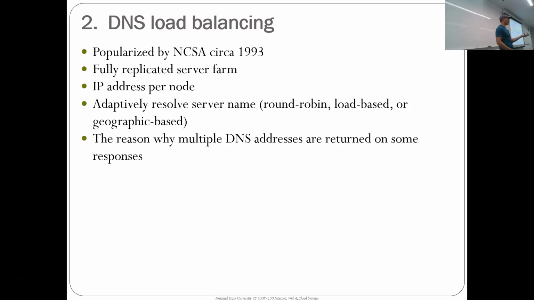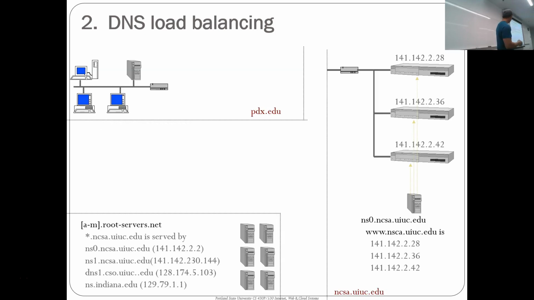And that's how they got the load balancing to happen. This is the reason why when you do your DNS lab and you do a reverse lookup of Google, you get 4 IP addresses. Because if one of them doesn't work, you've got 3 more to try. So it's a little fault tolerance. But initially, it was done for load balancing purposes.